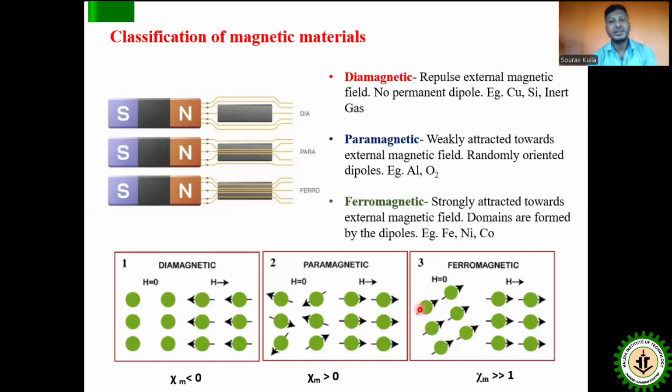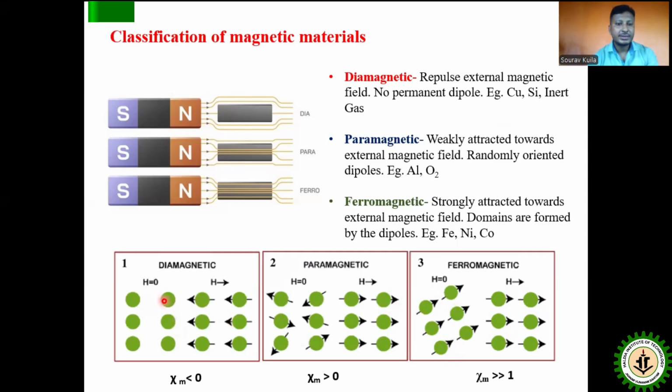In another region of the material, the dipoles are oriented in another direction, so the direction of the first domain is different from that of the second domain. But the net dipole moment when the applied magnetic field is zero is also zero.